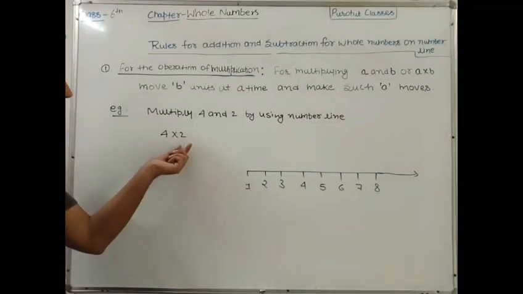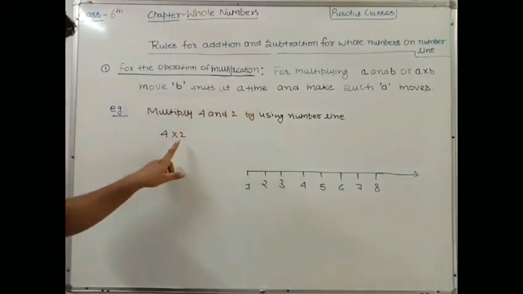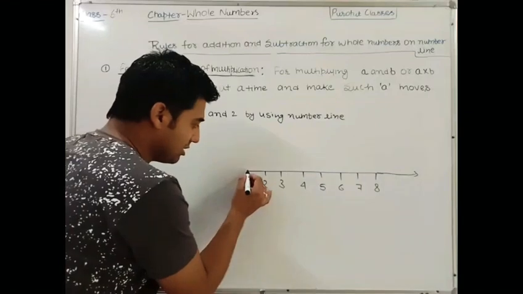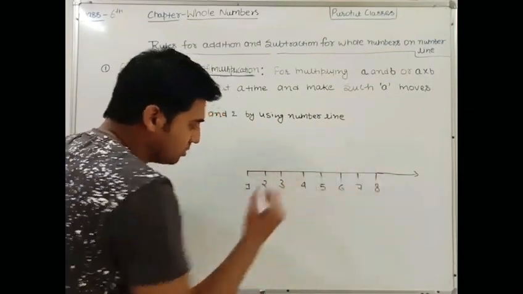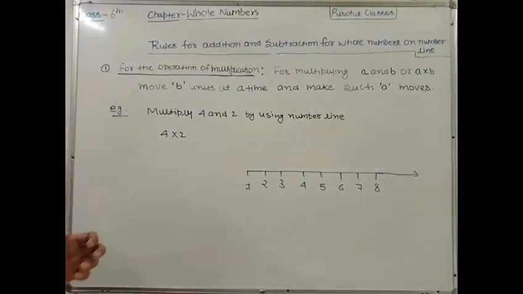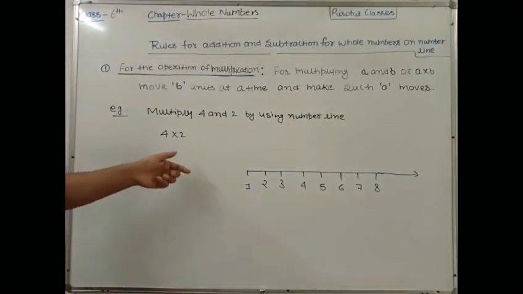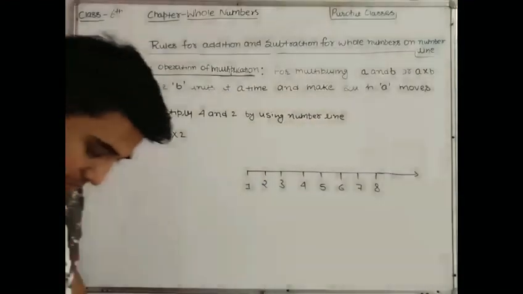This says move b units at a time. It means we will have to move 2 units at a time. So this is 2 units, again this will be 2 units, 2 units, 2 units. At a time, if I want to move towards the right, I will have to just move 2 units. Understood? Getting or not?